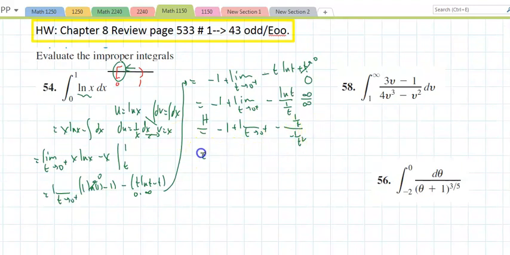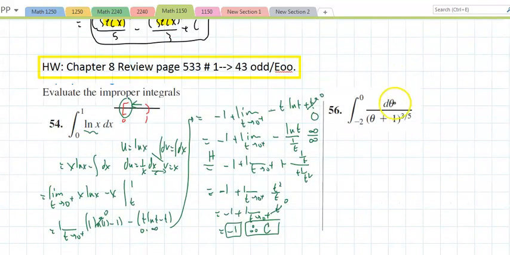And that be a negative 1 plus the limit as t approaches 0 from the right. That's positive, and that's going to be really t squared over t, which is negative 1 plus the limit as t approaches 0 from the right of t, and that's a 0. So I'm going to get a negative 1, which indicates that this integral converges.